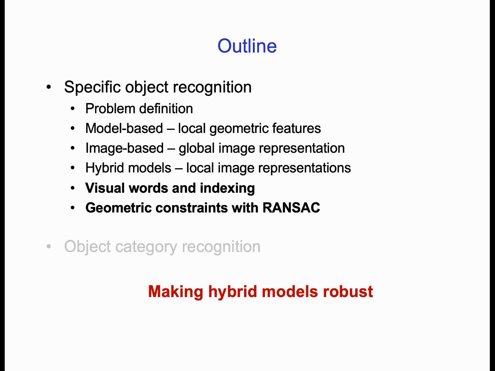These are the visual words and the indexing that will allow us to do matching very, very fast, even when we have a very large database. And the second part is the RANSAC algorithm that allows us to impose geometric constraints to get rid of spurious matches and correspondences very fast.